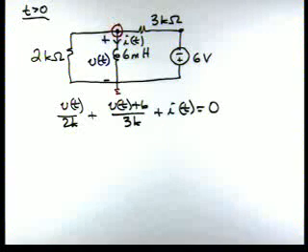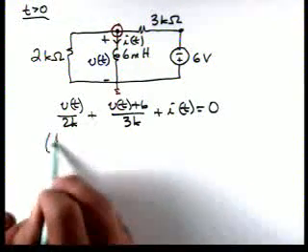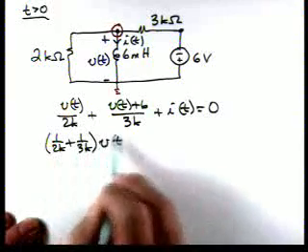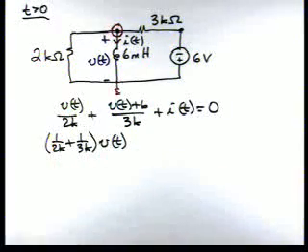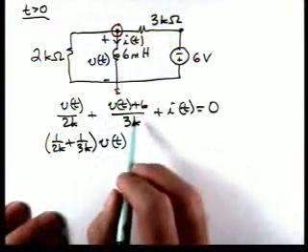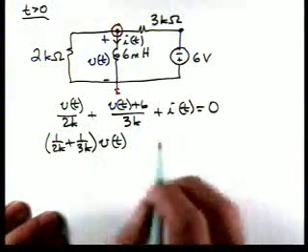Now, working on this equation some, we can collect terms. For instance, we'll have 1 over 2K plus 1 over 3K times v(t). This term here is a 6 over 3K. That's 2 milliamps. We can move it over to the other side.